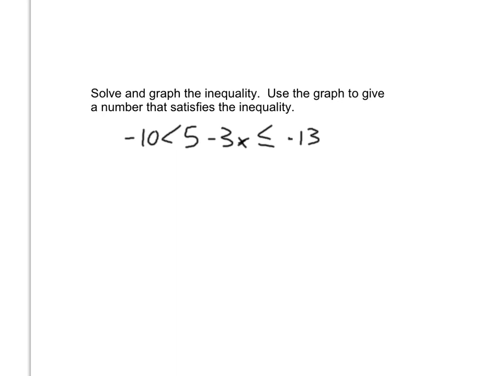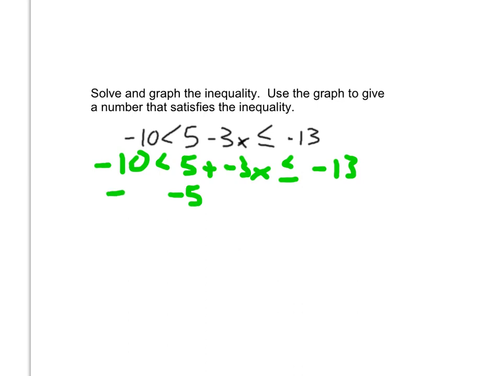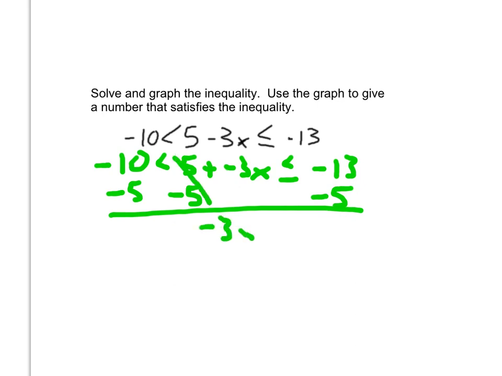Alright, so another example. Solve and graph the inequality. So here we go. Alright, so first thing we need to do, change subtraction to addition. Becomes a -3x. Okay, we need to take away 5 from all three parts so we can cancel this out. That cancels, leaves us with -3x in the middle. -10 minus 5 is -15.